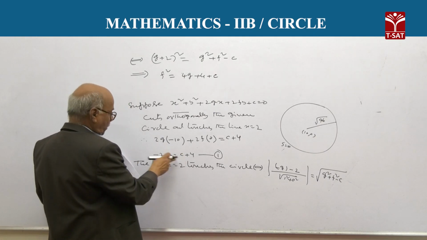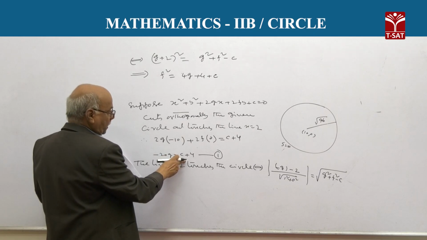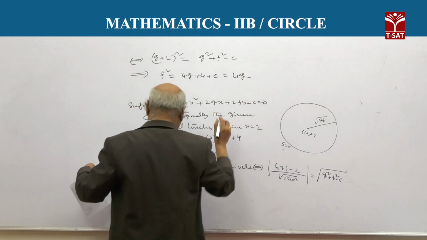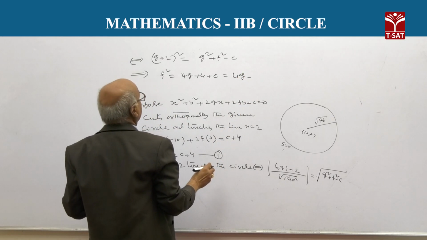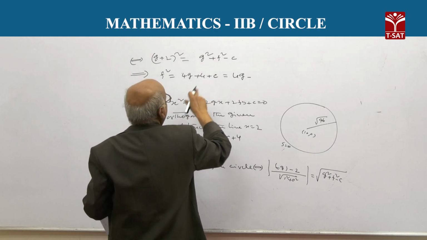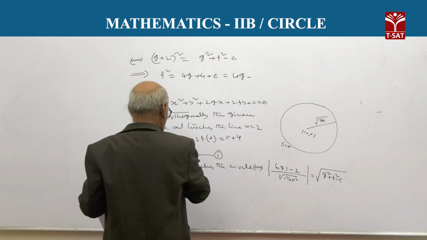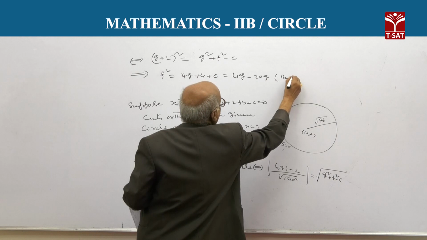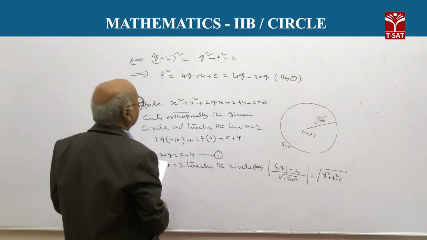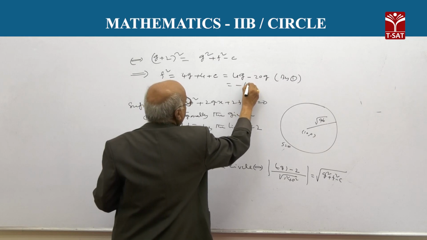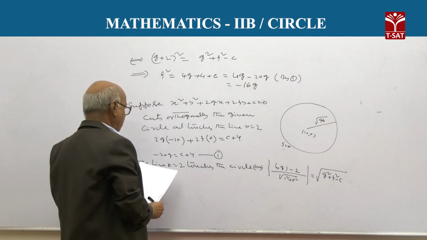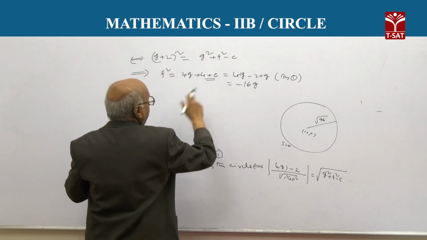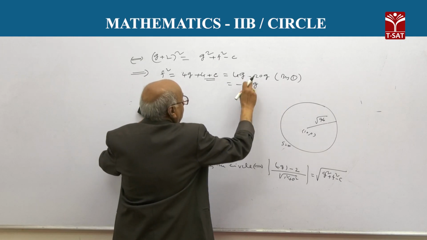Now, but c plus 4 is equal to minus 20g, or not? So f square is equal to 4g plus 4 plus c, but c plus 4 is equal to minus 20g by 1, so which is minus 16g.